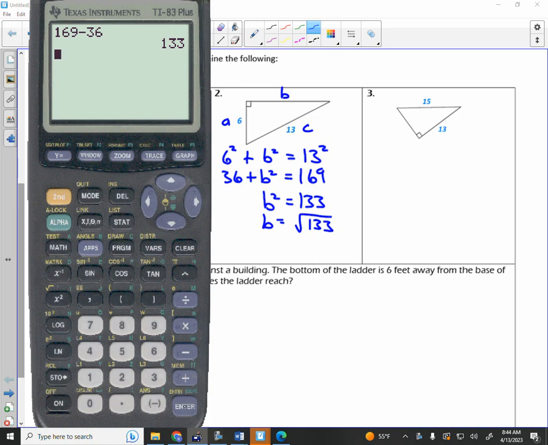There is no number that divides evenly into 133 that's a perfect square. If we take the square root of it, we get 11.5 approximately.